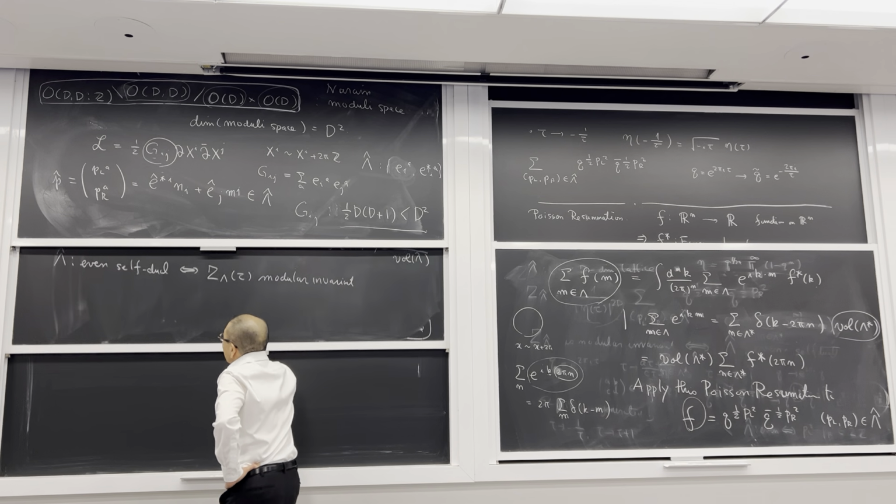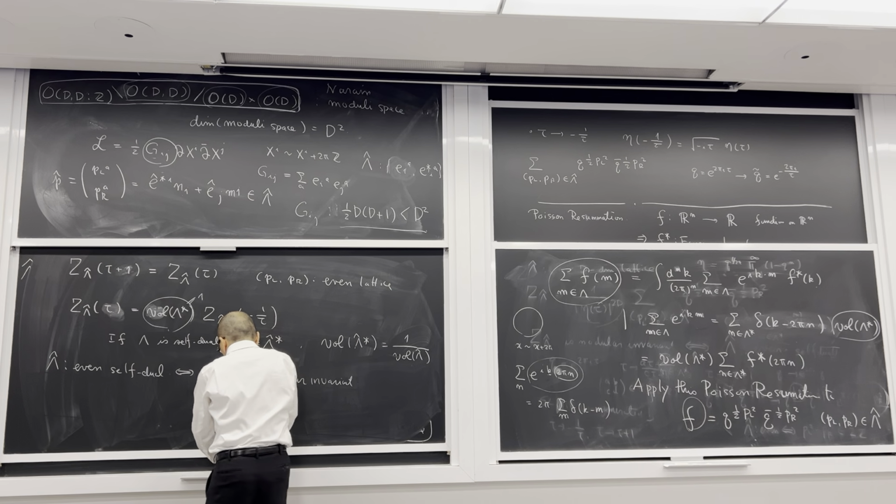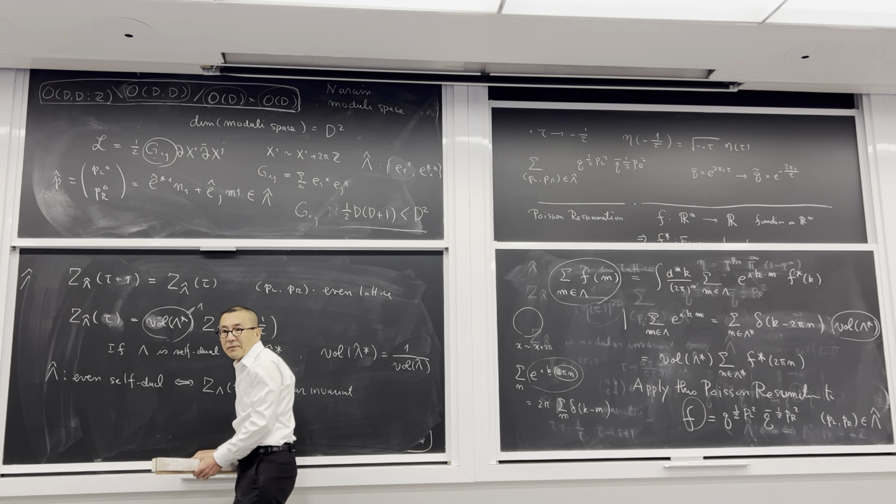There is another possible way to deform this worldsheet theory that we have ignored so far, which is to turn on the antisymmetric tensor field.